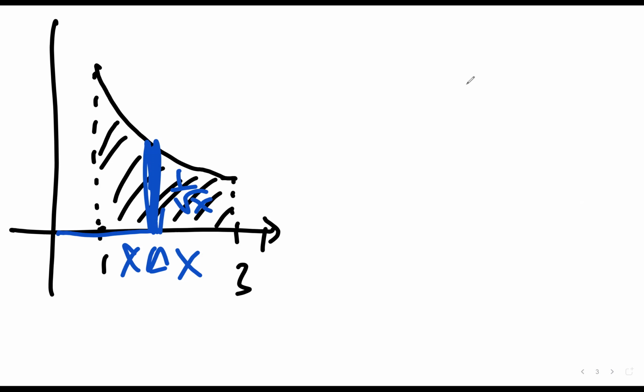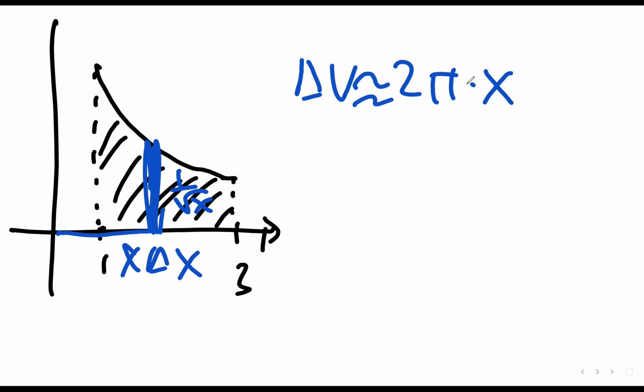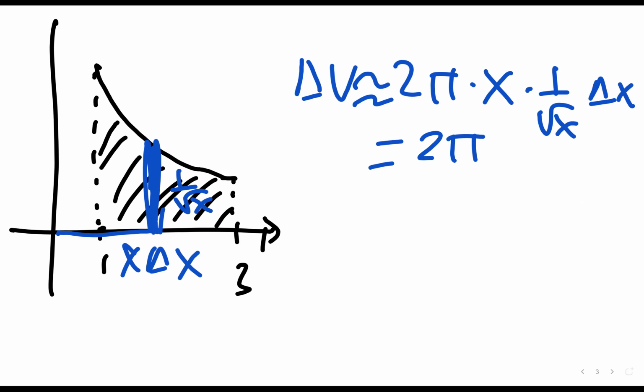So if you want to approximate the volume delta V, just 2 pi multiplied by the average radius x, then multiplied by the height 1 over square root of x, and multiplied by the thickness delta x. If you simplify this, then you will have 2 pi square root of x delta x.